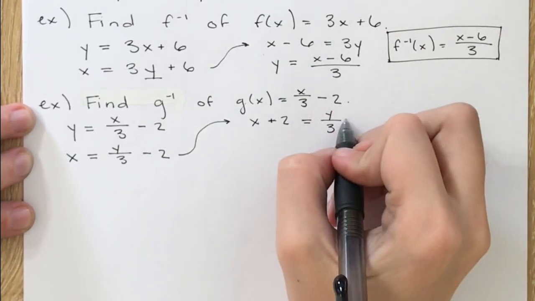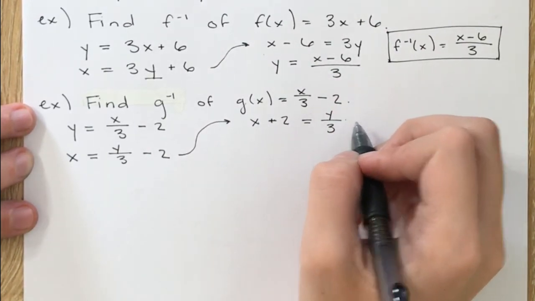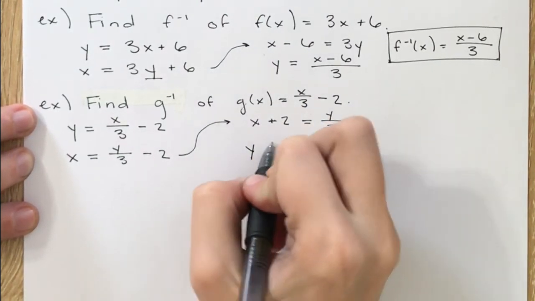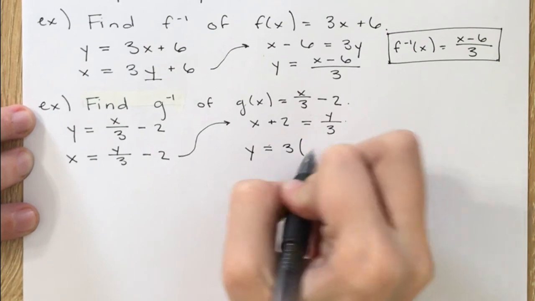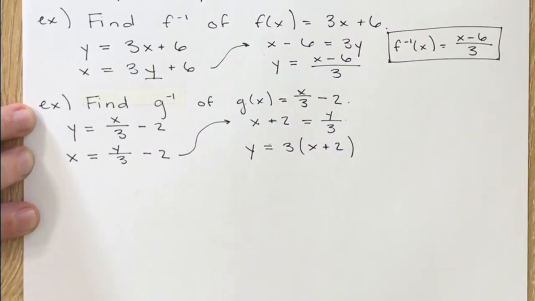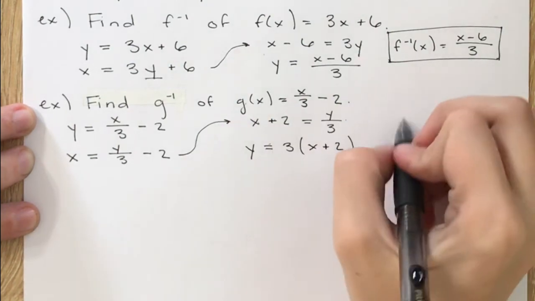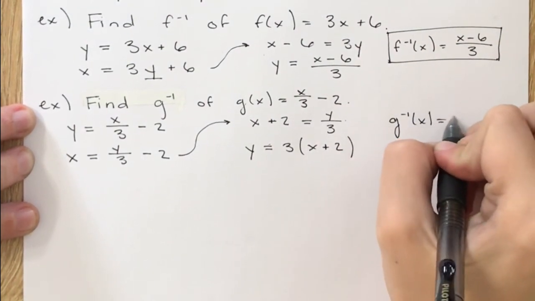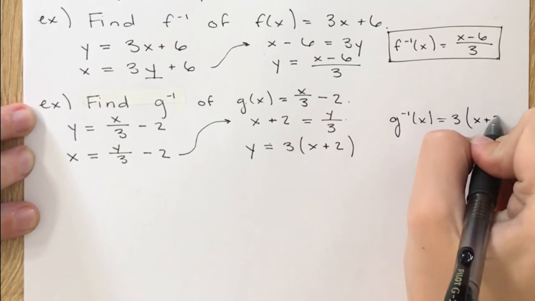And then we multiply by 3 on both sides. So we have y equals 3 times x plus 2. So then g inverse of x is 3 times x plus 2.